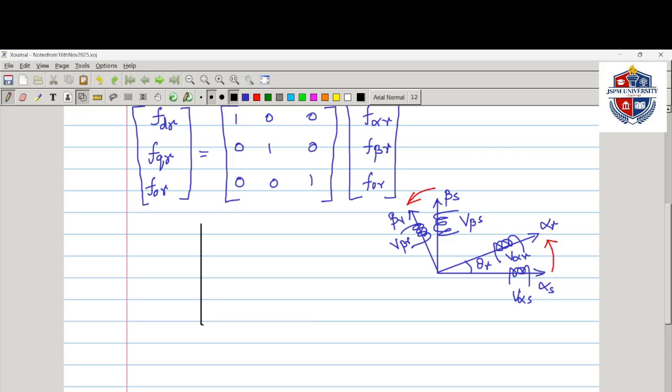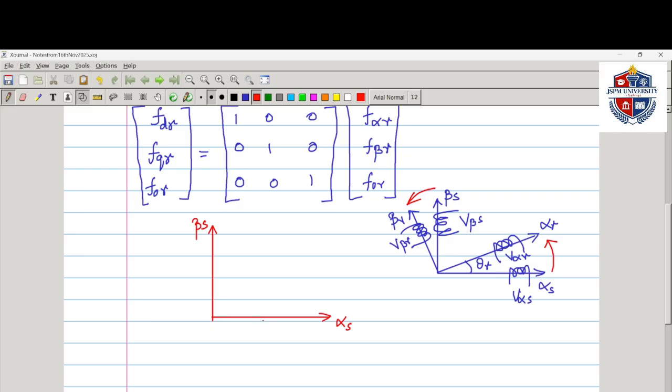We have two axes as such, and now we can draw this imaginary axis in red color. So this is your alpha beta s axis and this is your alpha s axis.